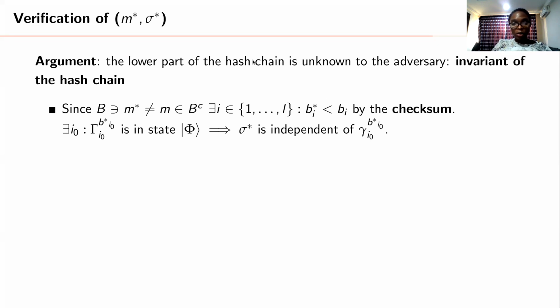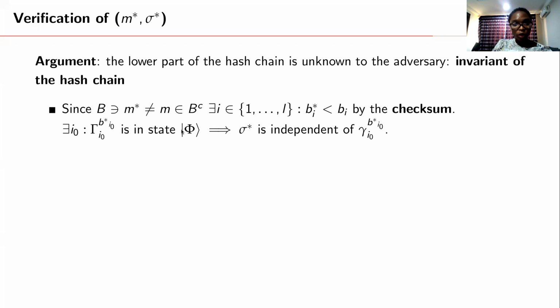We also know by construction of the checksum that if this message M has been queried to the sign oracle, since this message M belongs to the blinding set and is different from this one, then by the construction of the checksum, there exists a position where one of the blocks of this message is smaller than the block of the signing message, the queried message.